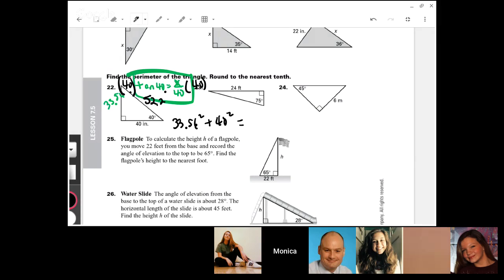Now for the perimeter, you have to add this one, and this one, okay? Natalie, that's close. Look at this. Yes, 125.8. Does that make more sense, girls?